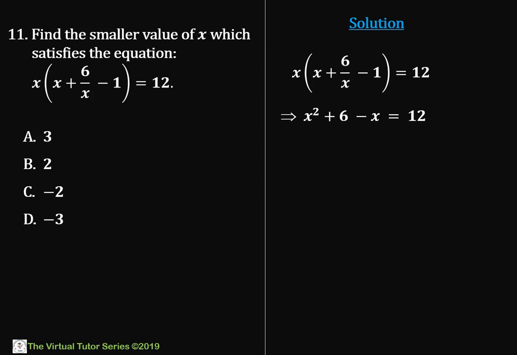We now group like terms by subtracting 12 from both sides of the equation. That is x squared − x + 6 − 12 is equal to 0.